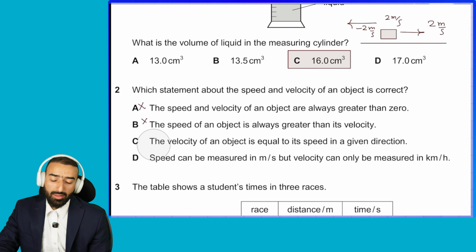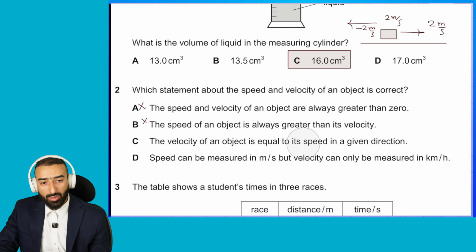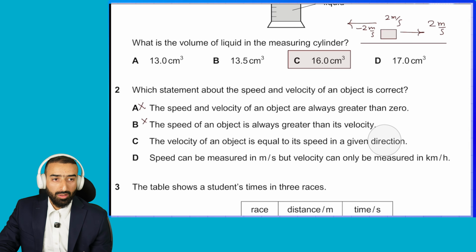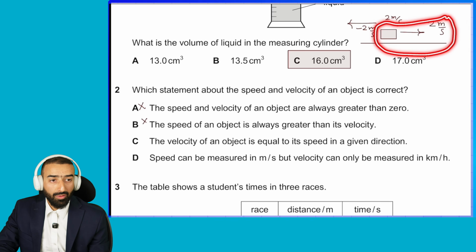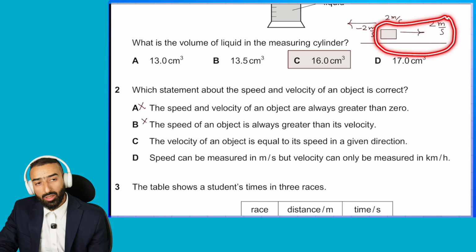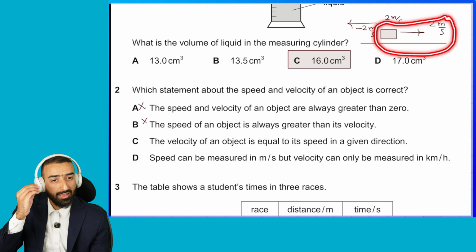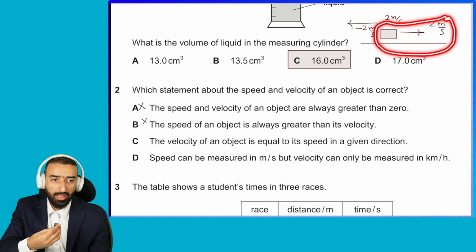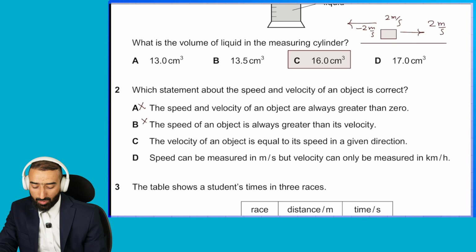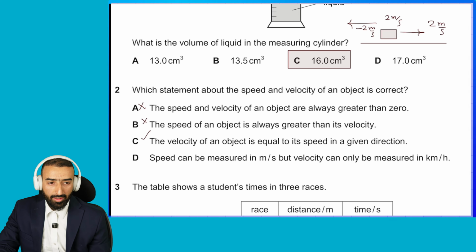Option C says the velocity of an object is equal to its speed in a given direction. Now that's exactly what we discussed here. If an object is moving to the right with a speed of 2 meters per second, that's the same thing as its velocity. Its velocity is positive 2 meters per second. So this means option C is correct.